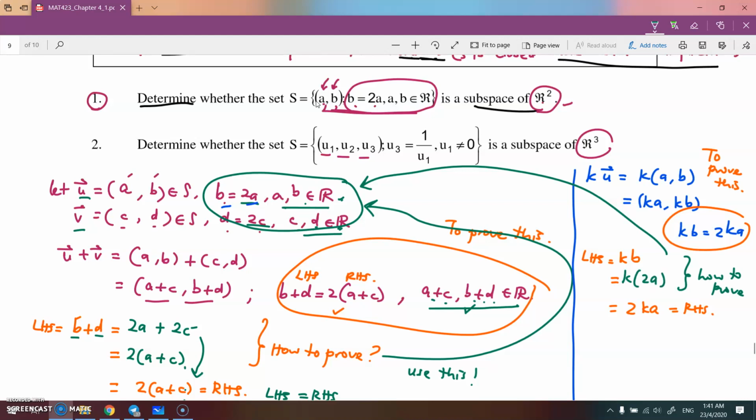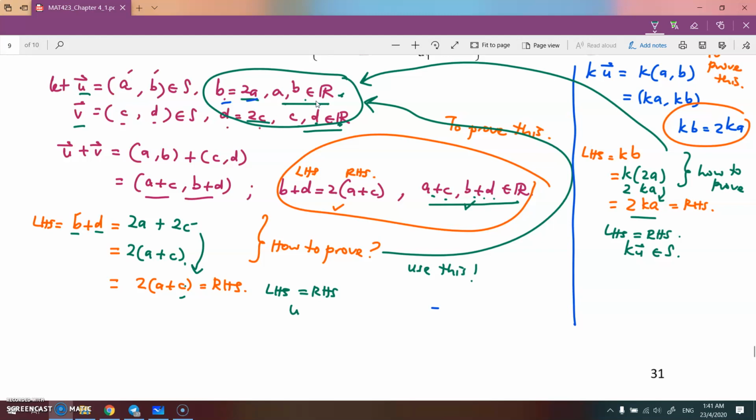Now, how do you get from this to this? Just bring the 2 outside, and then your k, A. You can just ignore the bracket because it's a multiplication. So you will get 2kA. So now your left hand side is already equal to the right hand side. So kU is also an element of S.